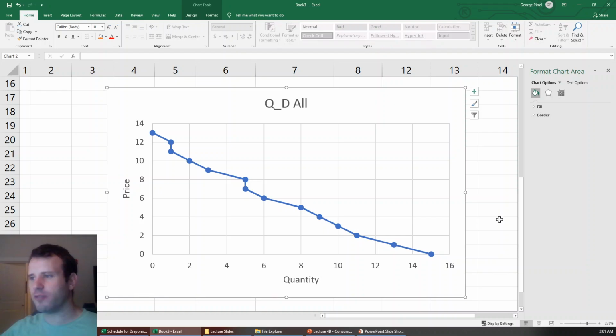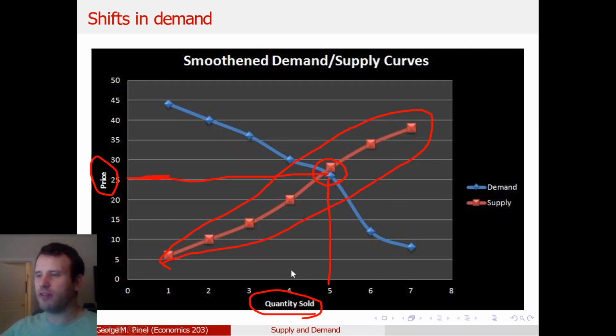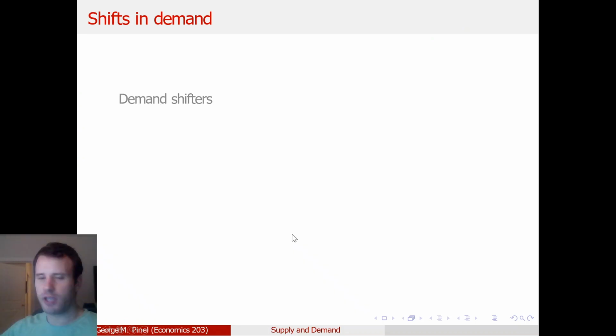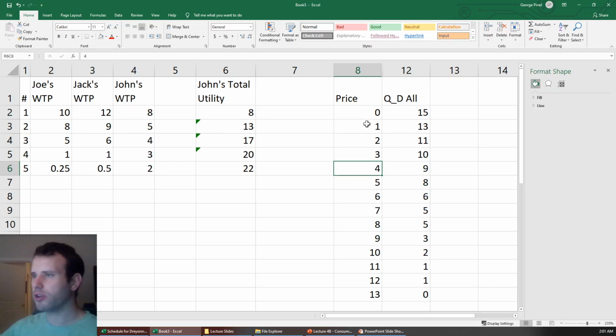And now I want to introduce the idea of what's called the demand shifter, okay? Now, there are two ways of changing quantity demanded. You could change your price. So if I go from price 4 to price 7, quantity demanded changes from 9 to 5, okay? Like working that 9 to 5.